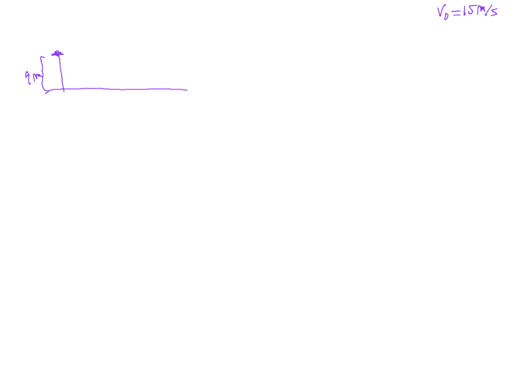And at an angle of 20 degrees below the horizontal. Therefore, theta is negative 20. If the horizontal is here, oh wait, then let me expand my 9 meters. Let's say 9 meters is all the way here.